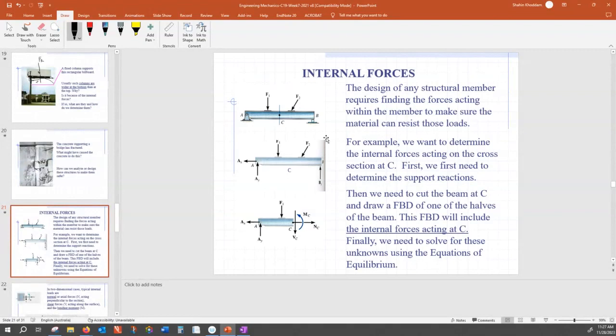And now that is perhaps a very small, very important slide for today. Why? I brought you step by step to here. You know how to calculate the reactions, but the next milestone is to find out what the internal forces are.